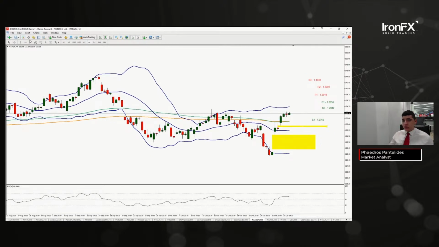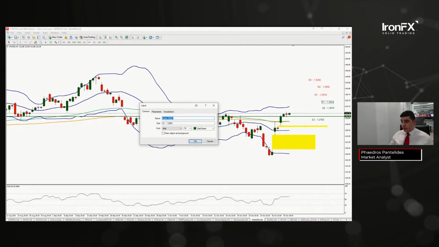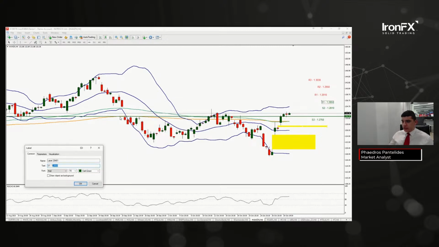So support could be at around, I usually take the bodies of the candle, so right around here. And I'm actually going to stick to my methodology. I was considering taking, actually, let me just show this for a second.